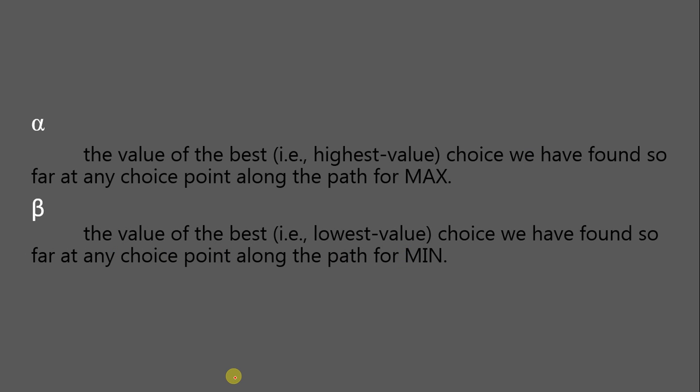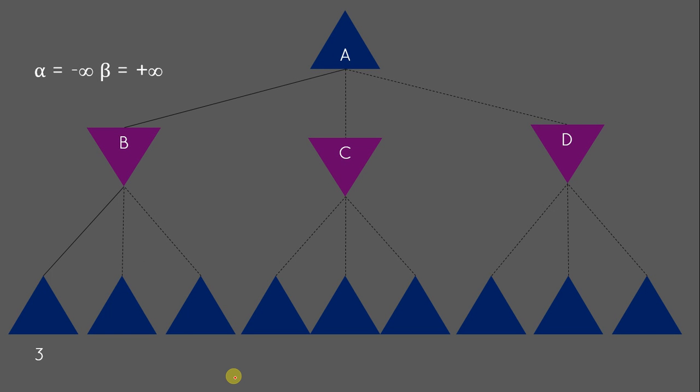So, alpha. Alpha is the value of the best choice we have found so far at any choice point along the path for max. And beta is the value of the best choice we have found so far at any choice point along the path for min. So alpha is for max and beta is for min. Here the value of alpha is negative infinity and the value of beta is positive infinity.